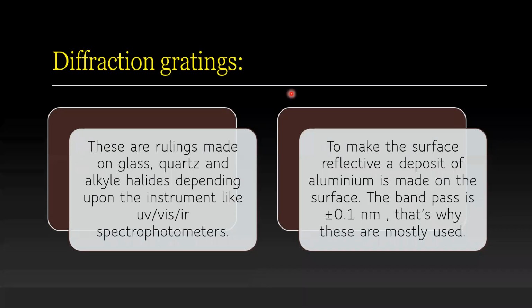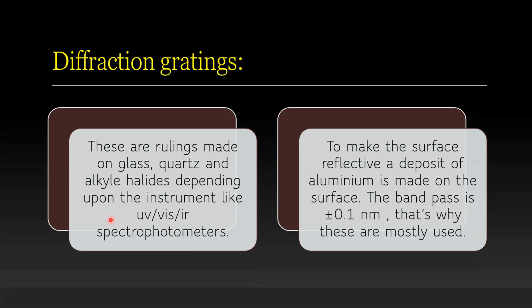Now a brief introduction about diffraction gratings. These are rulings made on glass, quartz, and alkyl halides, depending upon the instruments like UV visible spectrophotometers. So these diffraction grating monochromators are made of either glass, quartz, or alkyl halides.